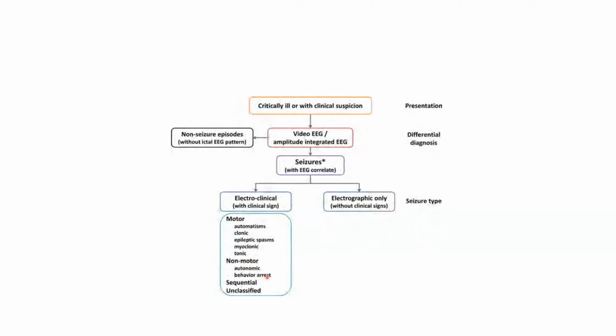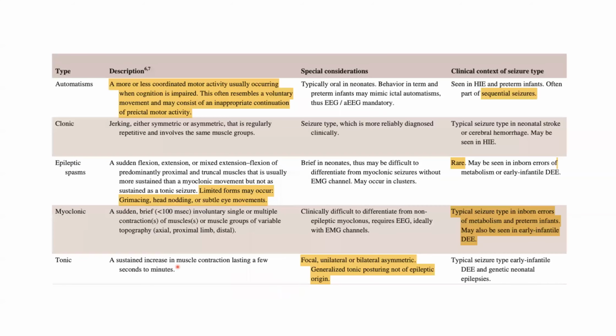In addition to non-motor and motor seizures, newborns have a very peculiar group called sequential seizures, which I'll be explaining a little later. And obviously, in any seizure classification, when you're not able to group them into one particular group, then you put them into the unclassified group. So what do you mean by these seizure heads, right?